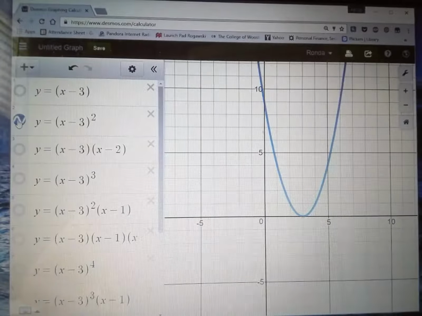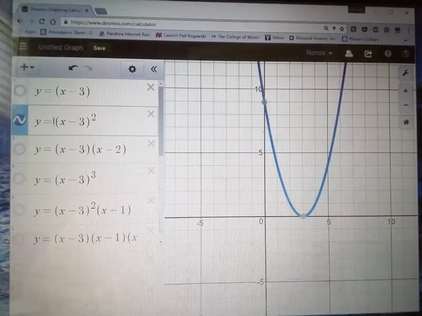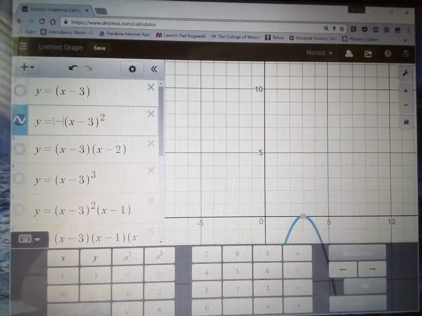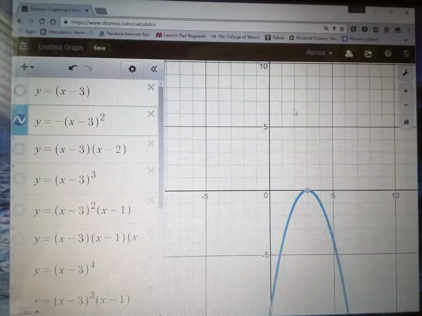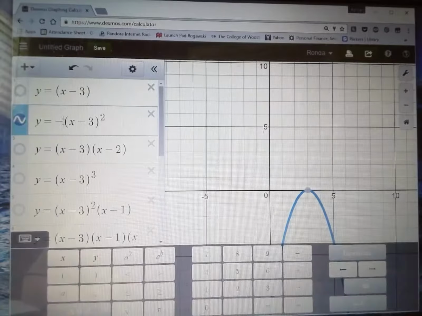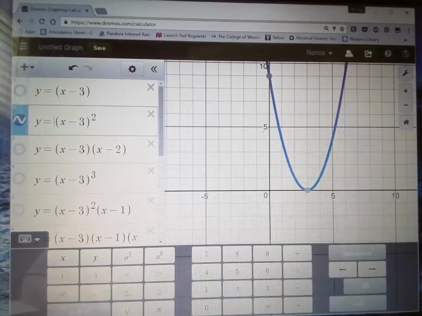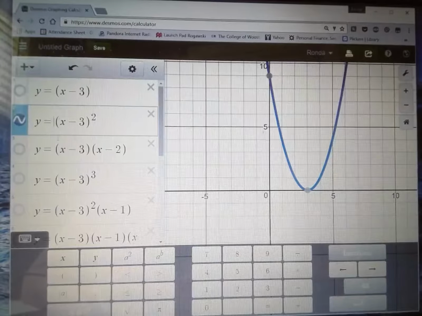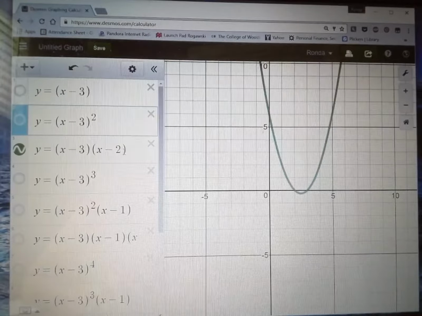Okay. So quadratic functions with positive leading coefficients here. If I put a minus in front of any of these, the only thing it does is change the direction that it opens. So I'm going to show the negative version occasionally, but mostly I'm going with the positive version right here. So a quadratic could look like this with one factor squared, or it could look like this where I have two distinct factors.